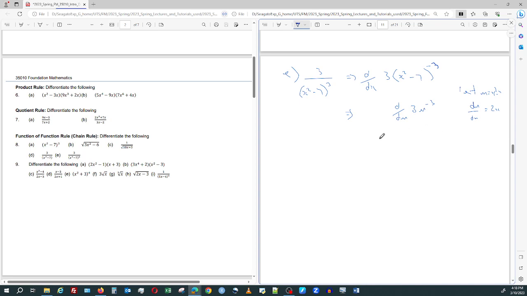So that becomes minus 9u to the minus 4 and times that by 2x now. So we get minus 18x, and the u to the minus 4 goes down as u to the 4, and it's x squared minus 7. So that's our final answer.